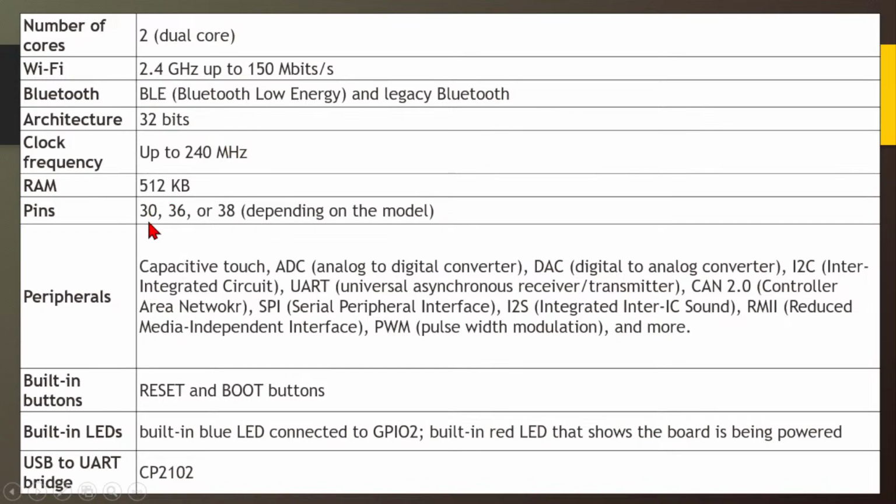Then RAM and the pins: 30, 36 or 38 depending on the model. So this many pins are available there. And what are the peripherals? There is capacitive touch, if the board has that, then analog to digital converter, digital to analog converter, then I2C, then UART, universal asynchronous receiver transmitter, then controller area network.